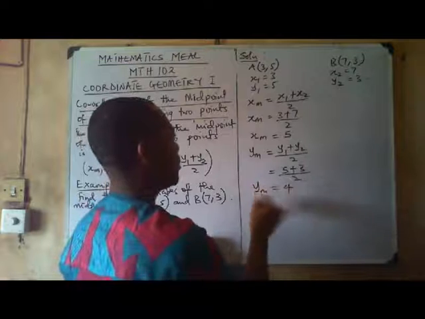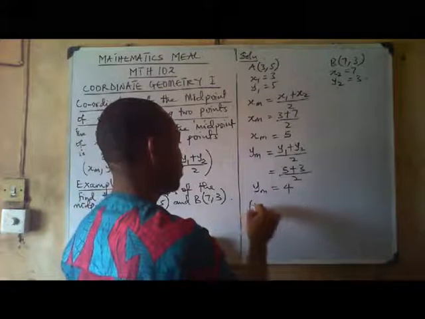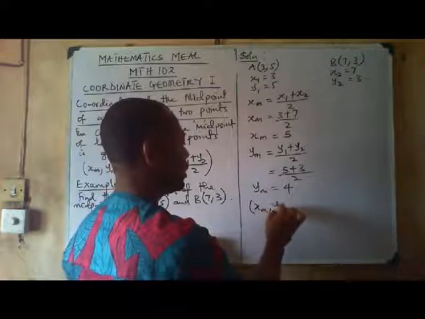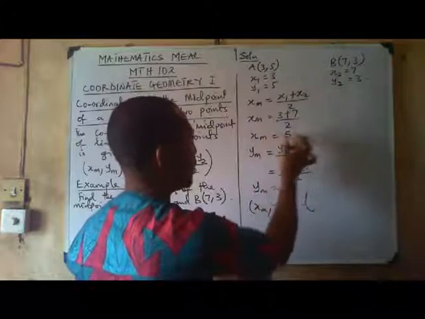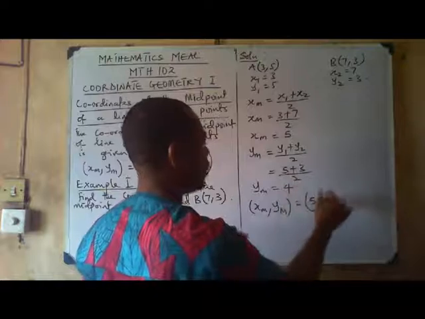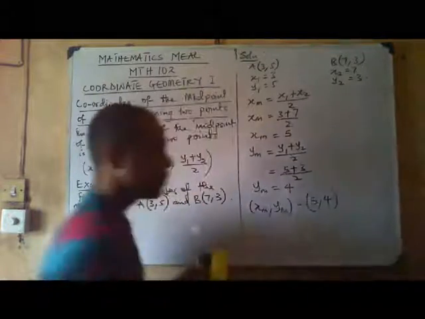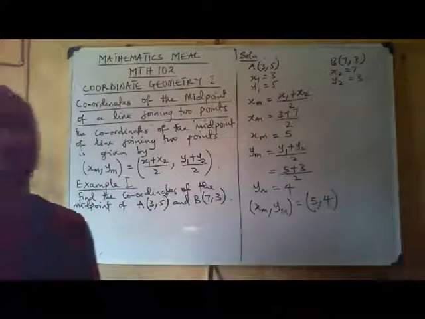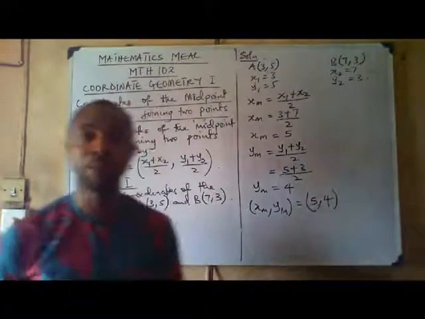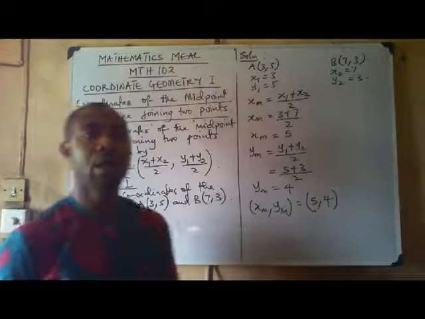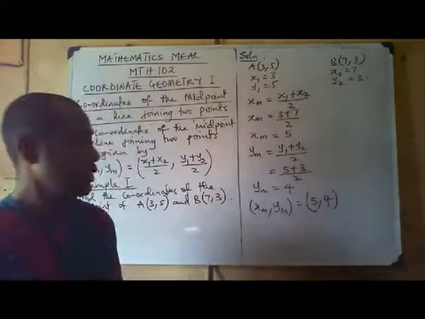That's our ym. Therefore, the coordinates of the midpoint are x is 5 and y is 4. That's just very easy. That's what we deal with as far as coordinates of the midpoint of a line joining 2 points is concerned.